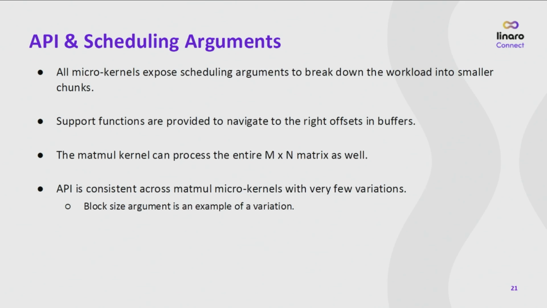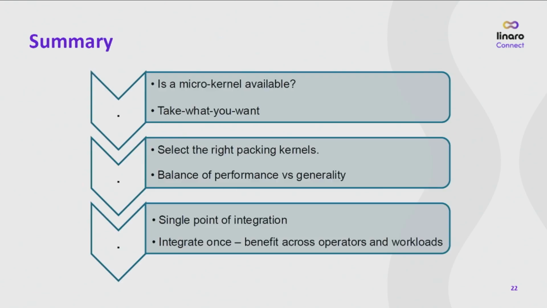We can handle that as well. And the API for the matrix multiplication is quite consistent. There are 2 or 3 variations, but apart from that, it's the same. And GenAI use cases is one which introduces some variation on this.